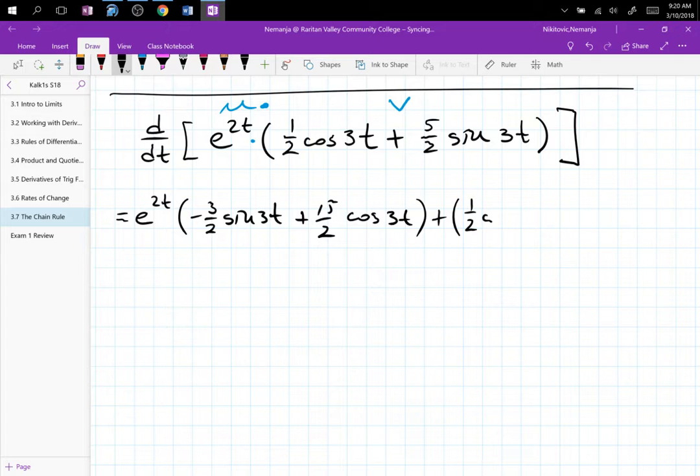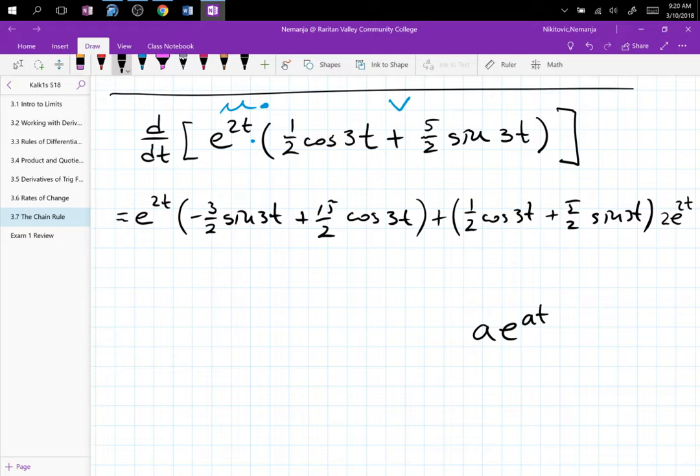Well, that's 1/2 cosine 3t plus 5/2 sine 3t, and now I need to take the derivative of the first. Now we know that that's 2e to the 2t, because it is just the exponential function. You can also remember a e to the at if that makes you happy, but the chain rule takes care of it, so you don't have to.